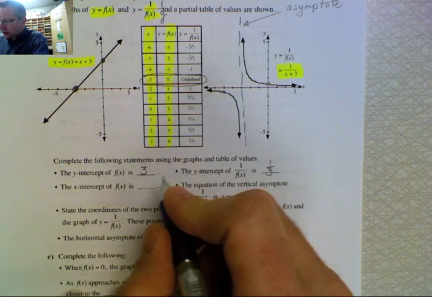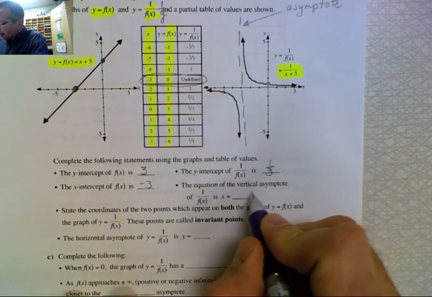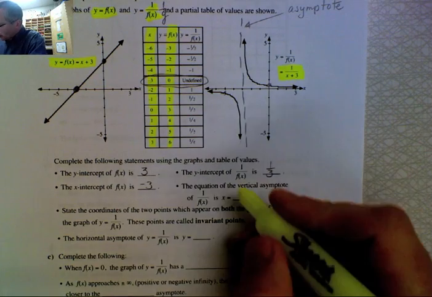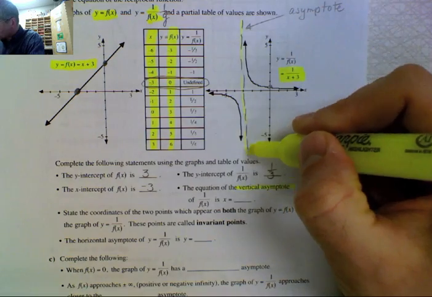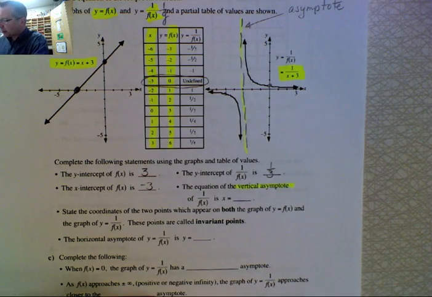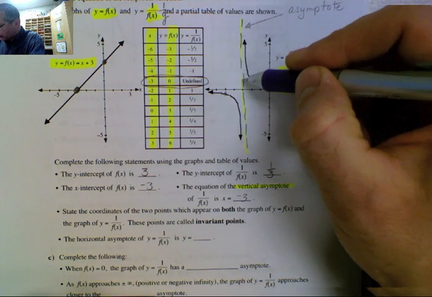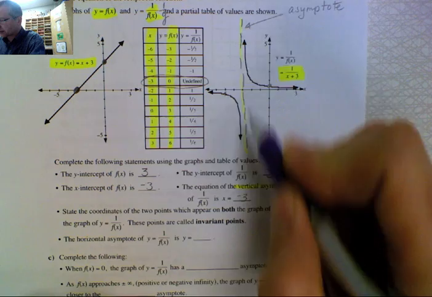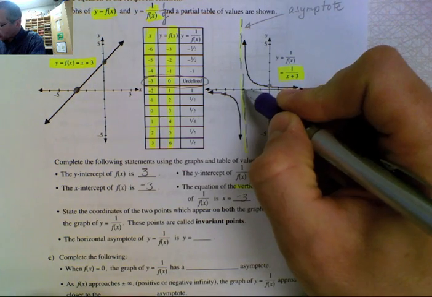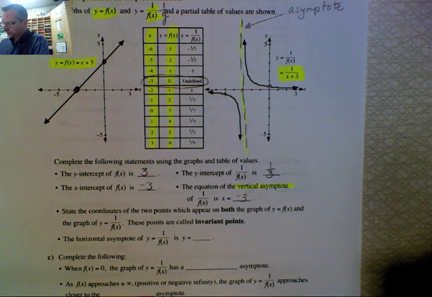The x-intercept of our original graph is -3, and then we have what's called a vertical asymptote. It has the equation x equals -3. The equation of that line is x equals, because it only crosses the x-axis, and where that line crosses the x-axis is the value in our equation.